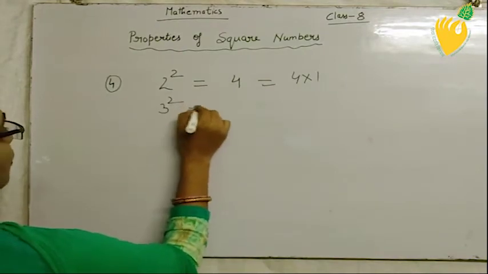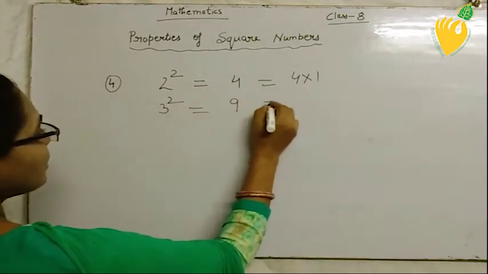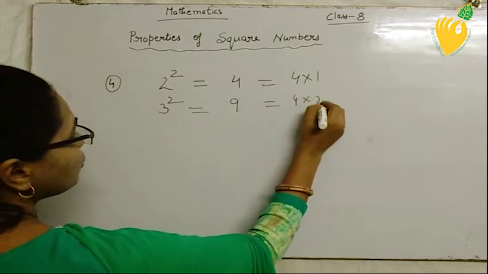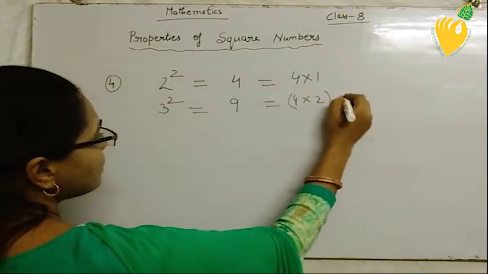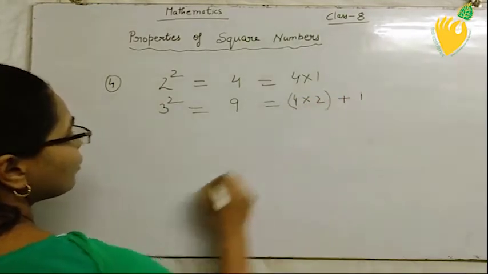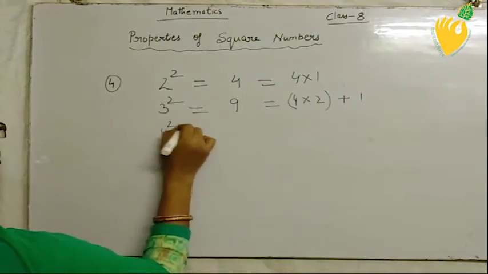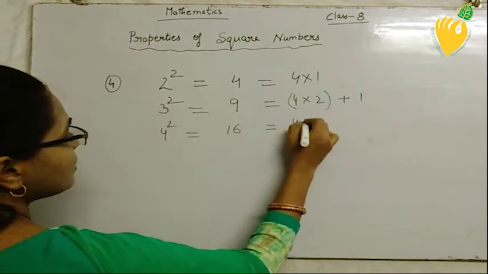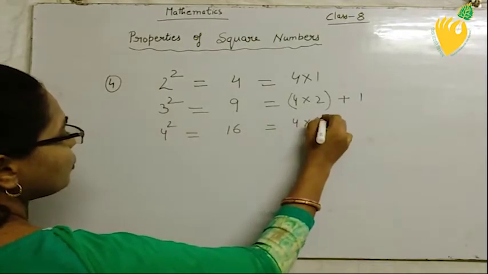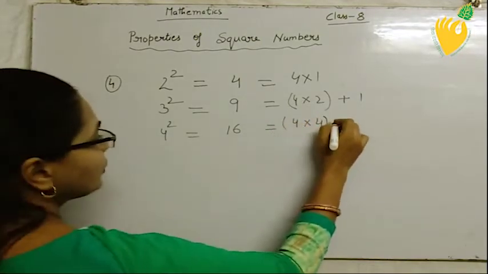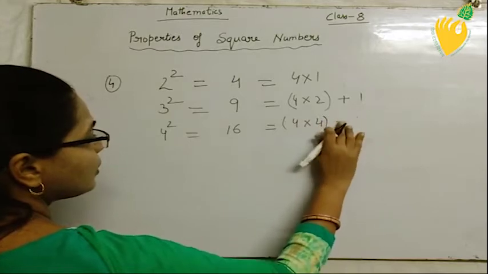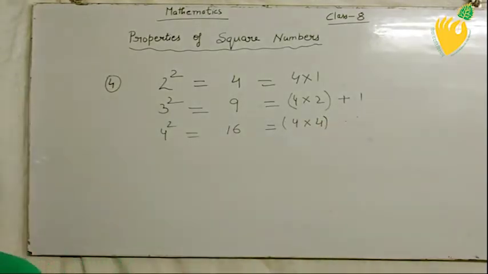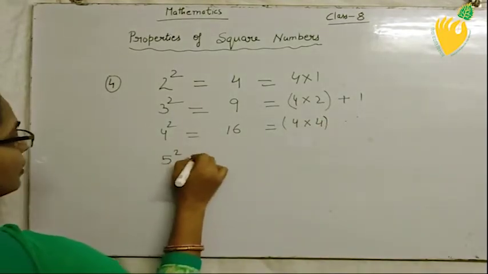Next is 3 square, which is 9, that is 4 into 2 plus 1, which exceeds the multiple of 4 by 1. 4 square is 16. You can easily write 4 into 4.